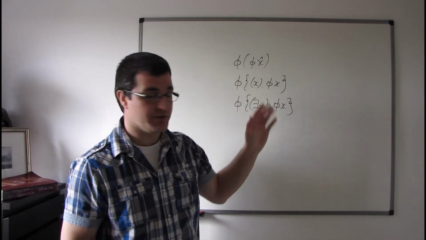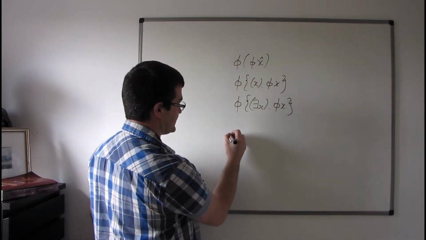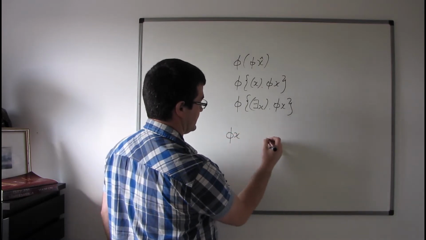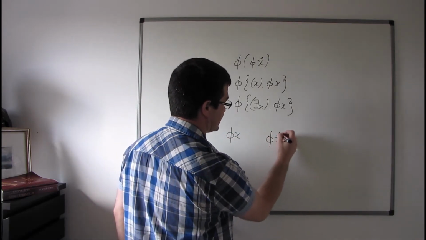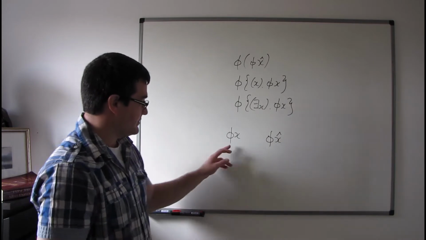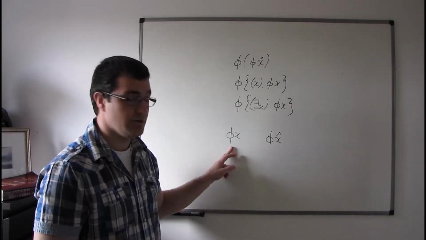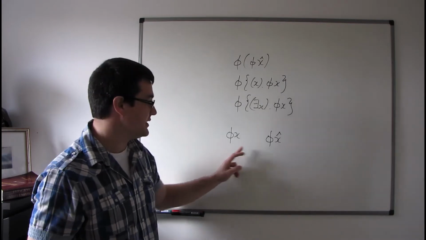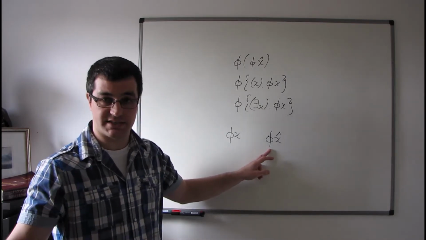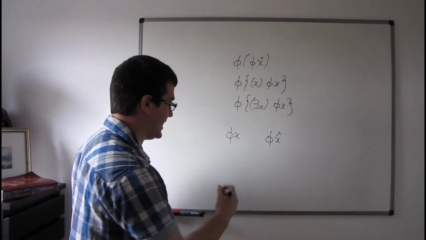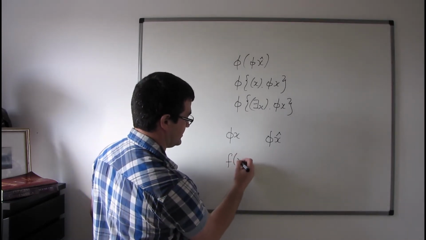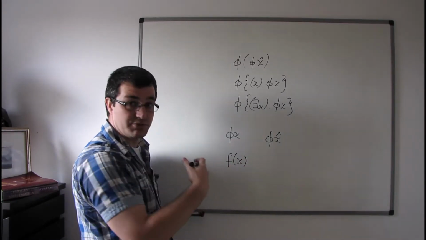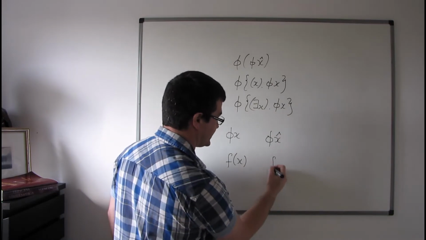Just a little word on the notation as well that I'm using here. Sometimes I use this symbol, and sometimes I need to use this symbol. So this symbol here is referring to an ambiguous value of my propositional function. This is referring to the function itself. So if I were to compare with something like f of x, if I just want to refer to the function, I might just say f.